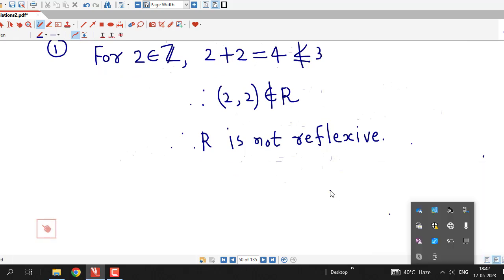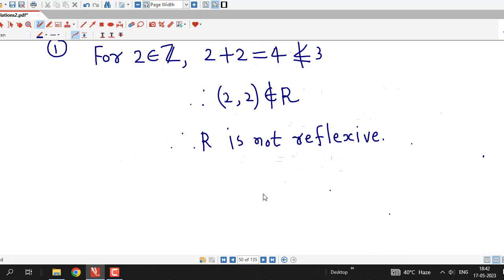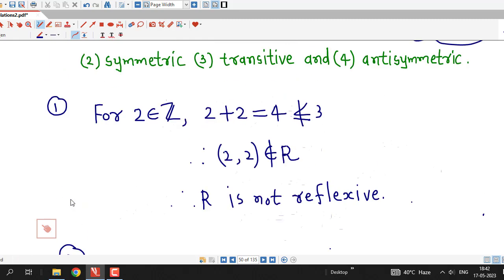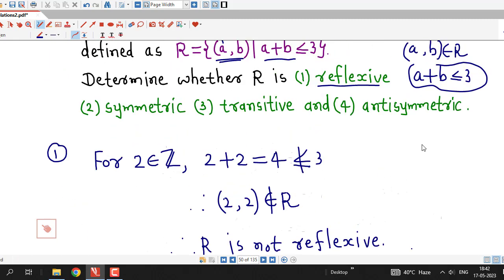Now we can check the symmetry property. The second condition we have to check is symmetry. So for symmetry, we should check that whenever (A, B) belongs to R, we must have (B, A) belongs to R. If (A, B) belongs to R implies (B, A) belongs to R, then the relation is symmetric.